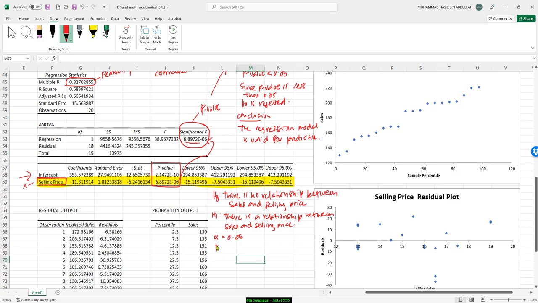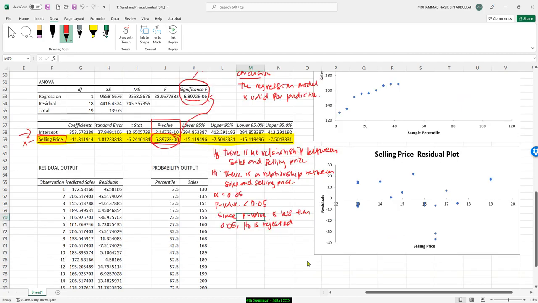The p-value that we have is very small, which is less than 0.05. Since p-value is less than 0.05, null hypothesis is rejected. So since we reject null hypothesis, our conclusion is based on alternative hypothesis.